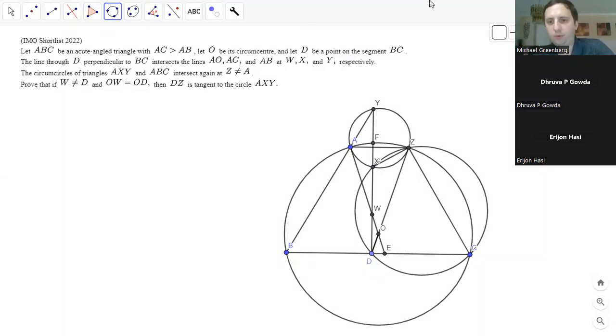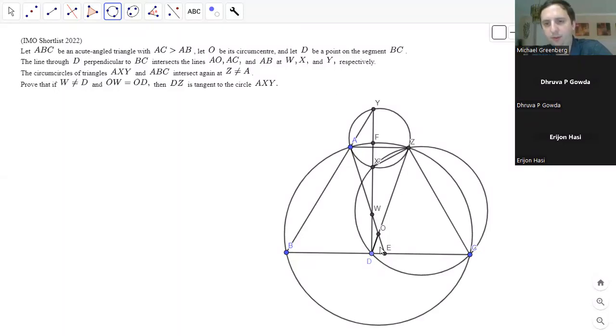Okay, I think it's the same as showing X prime Y is CX prime D, CX prime D is CZD, and AX prime Y is AZY. So it's the same as showing these are isogonal.